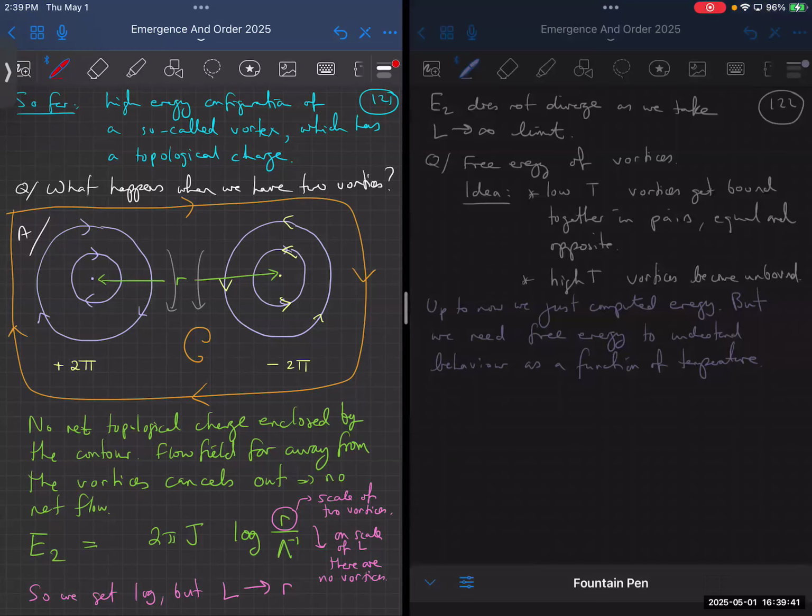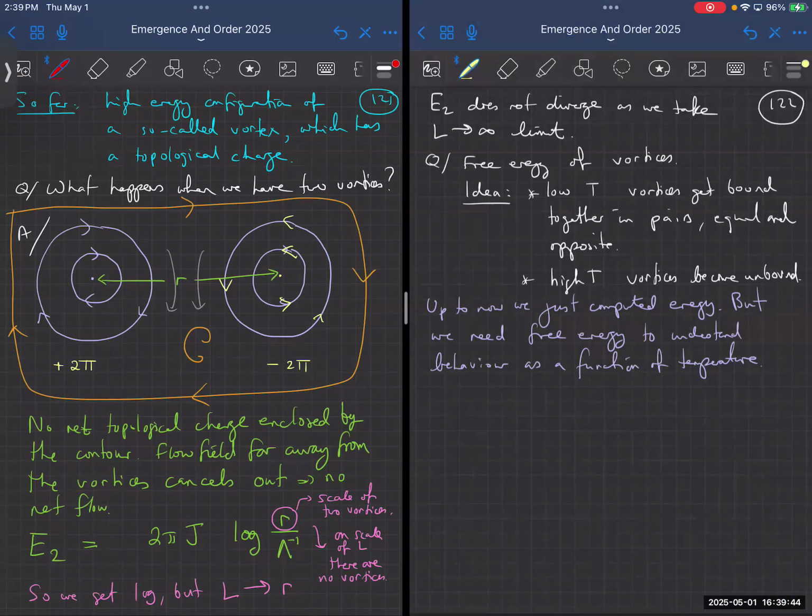We're going to ask ourselves what kind of temperatures we need. Let's see why this could happen. We know that the energy cost of a single vortex in a finite volume is E1.